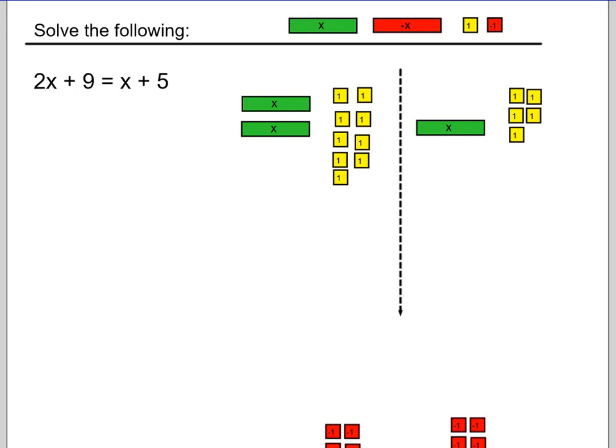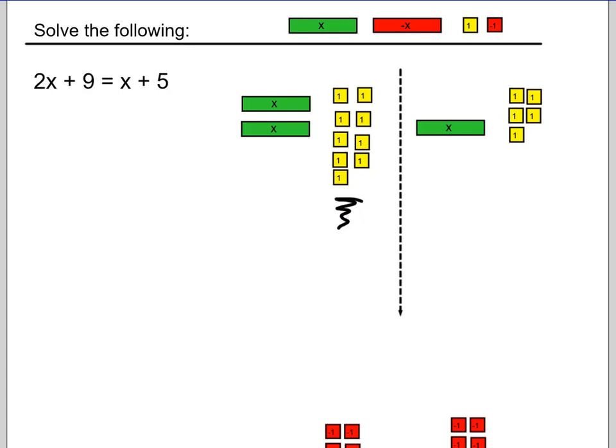Okay, so you can see here that there's 2x plus 9 equals x plus 5. There's 2 values of x, one on each side of the equal sign. So what I want to do is try and use all of my opposite operations to cancel these things. I'm going to use SAM-DEB in this case, so that's going to be my guide. So I'm going to try and go after those positive 9 ones first.